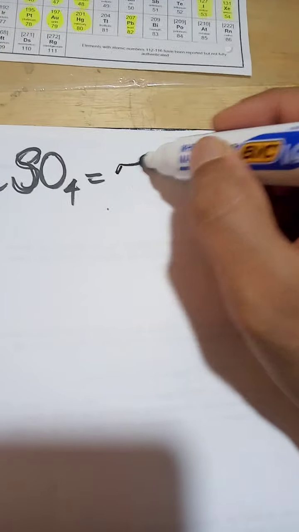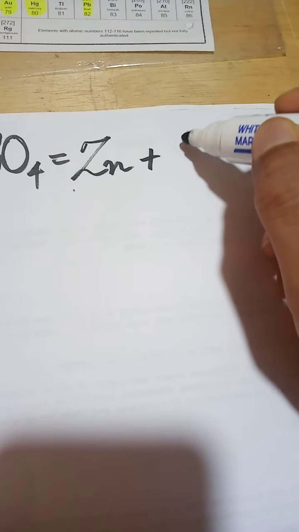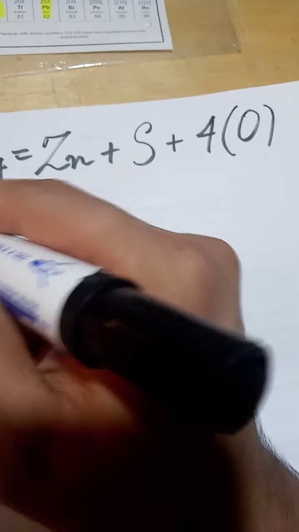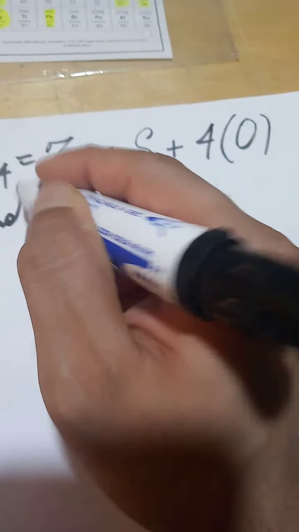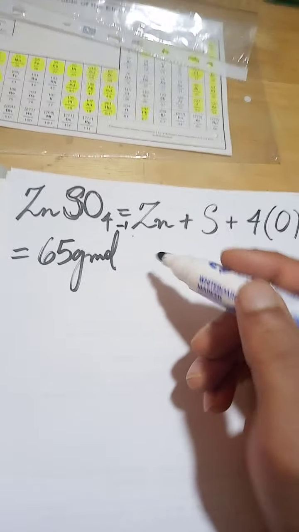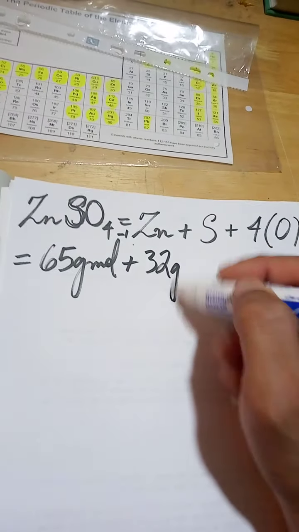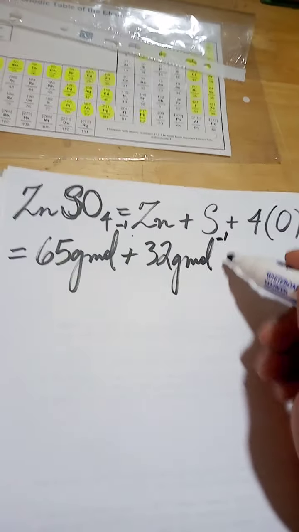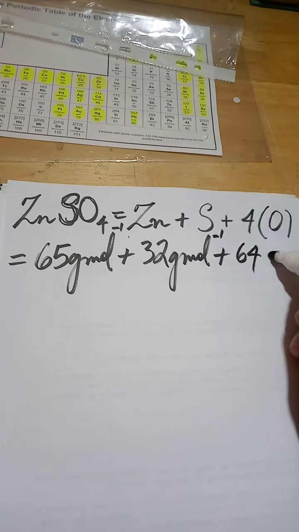Then we do zinc sulfate. Zinc sulfate would be 1 atom of zinc plus 1 atom of sulfur, 4 atoms of oxygen, so 65 grams per mole, 32 grams per mole, and 64 grams per mole.